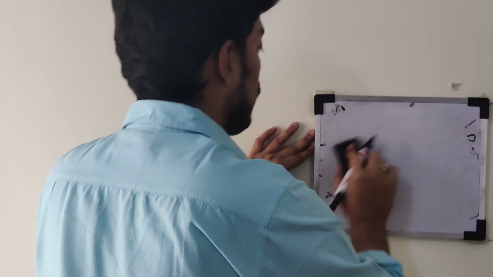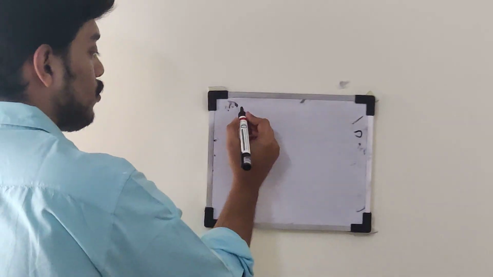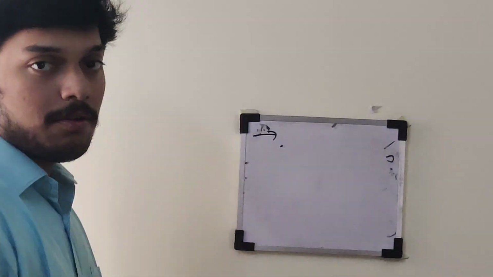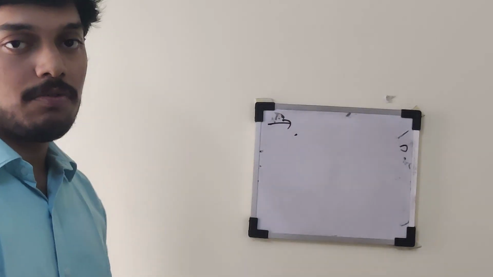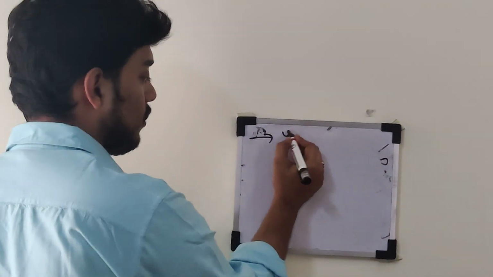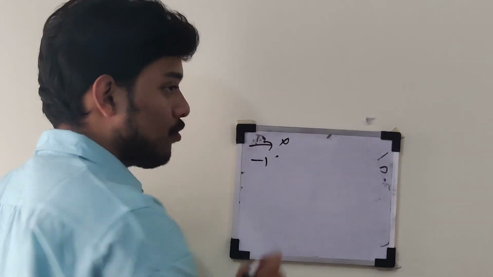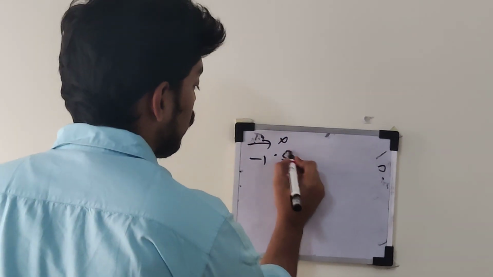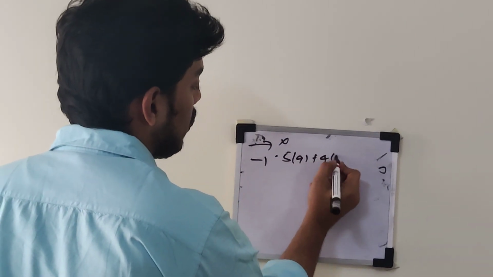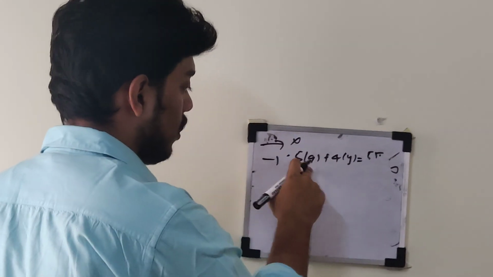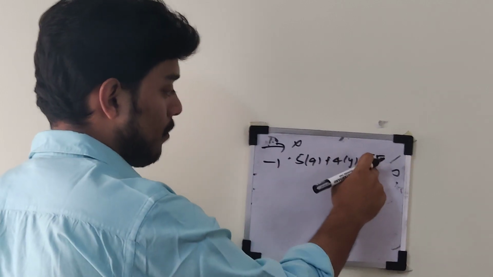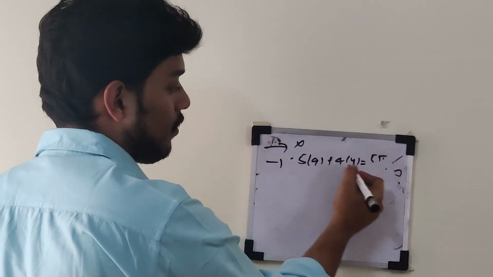And similarly you can go on. As we discussed, if x is an even number, we will not get integer values for y. So we can remove those cases. We can directly go to x is equals to 9, and 5 into 9 plus 4 mod y is equals to 55. In this case 45, and 55 minus 45 is 10.